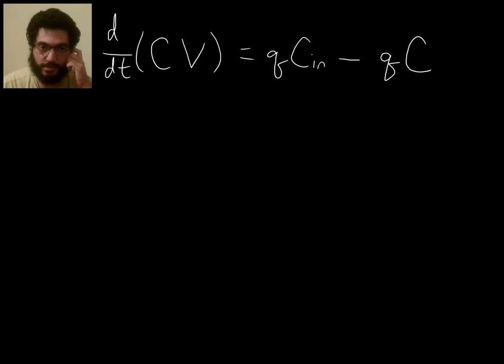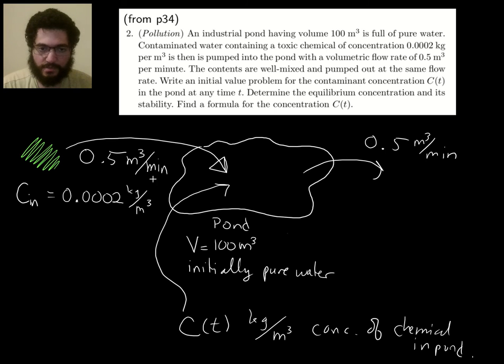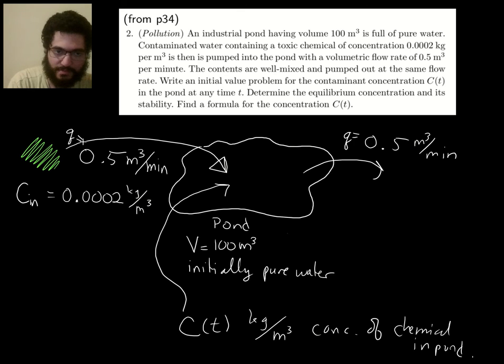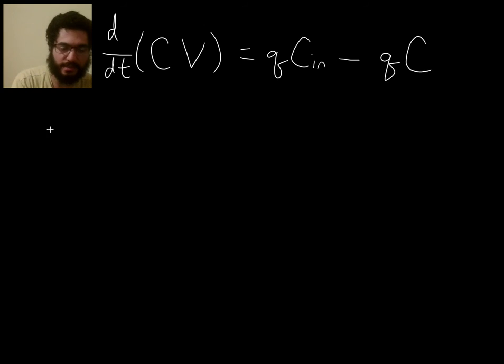That's the rate at which the chemical leaves. So Q, I didn't define Q. Q is this number, 0.5 here.